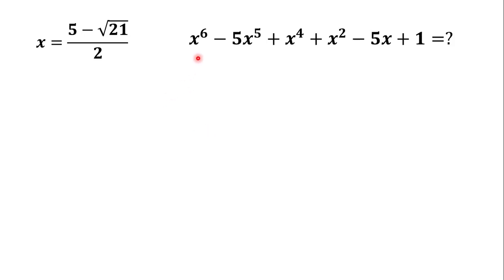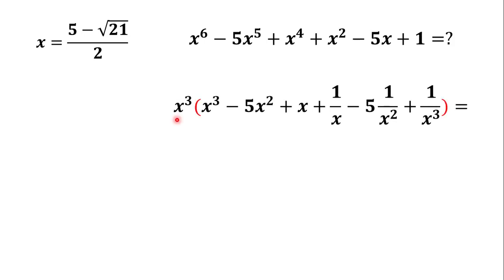First, we can factor out x to the power 3 from this expression. So we get x cubed times (x cubed minus 5x squared plus x plus 1 over x minus 5 over x squared plus 1 over x to the power 3).